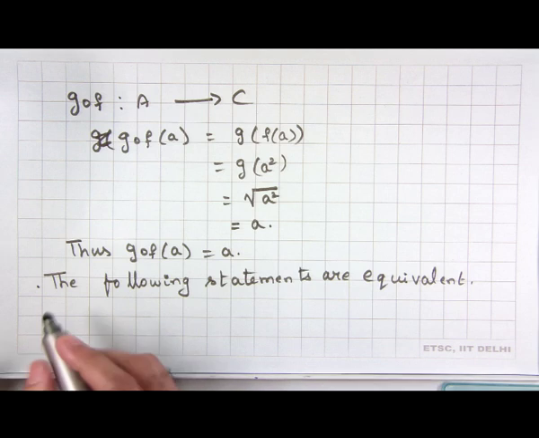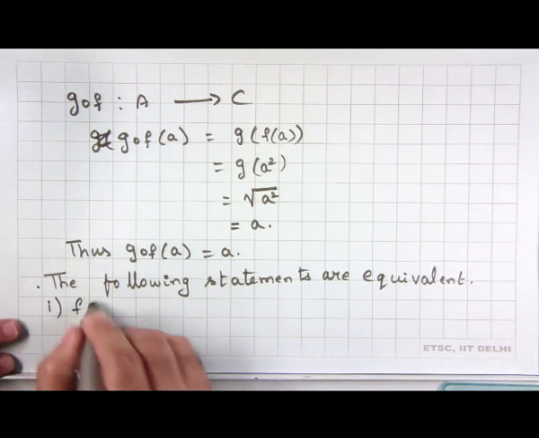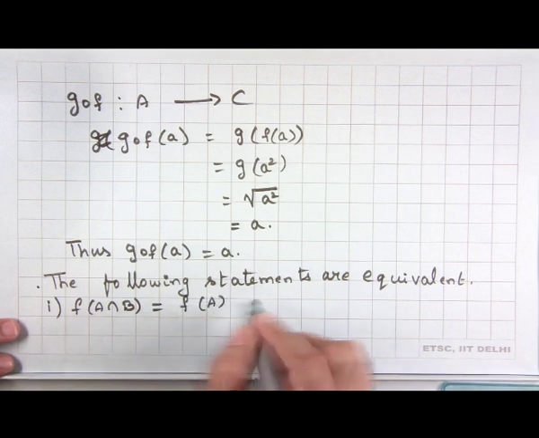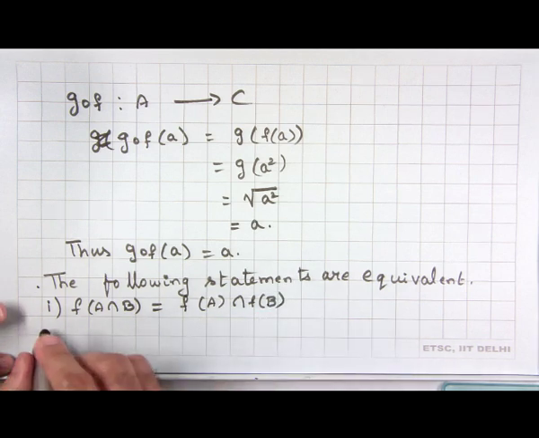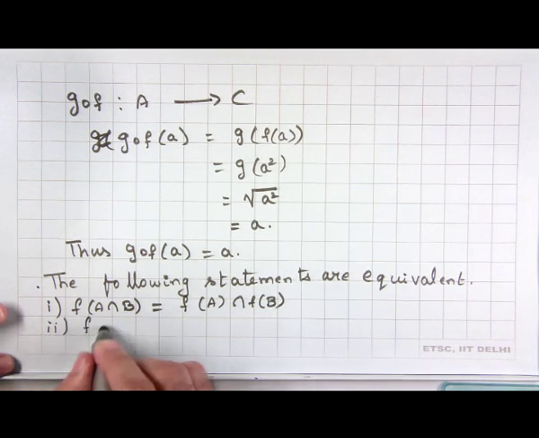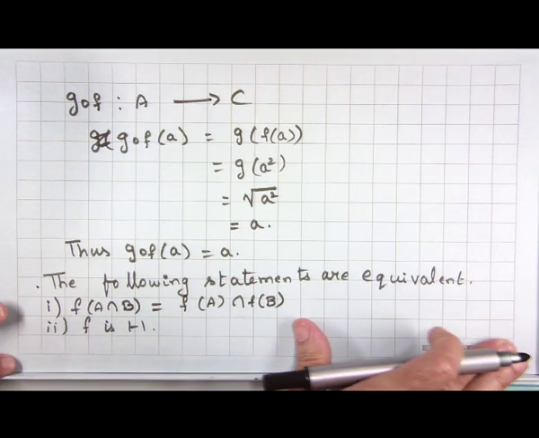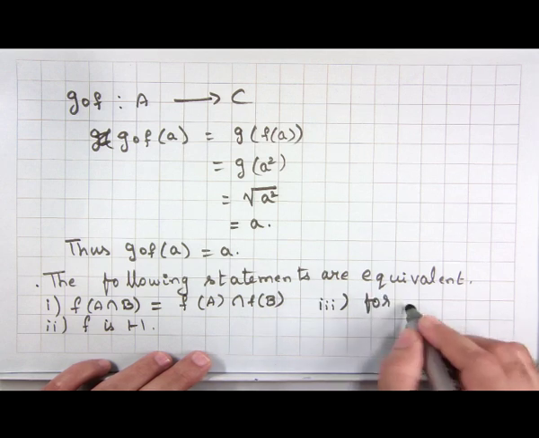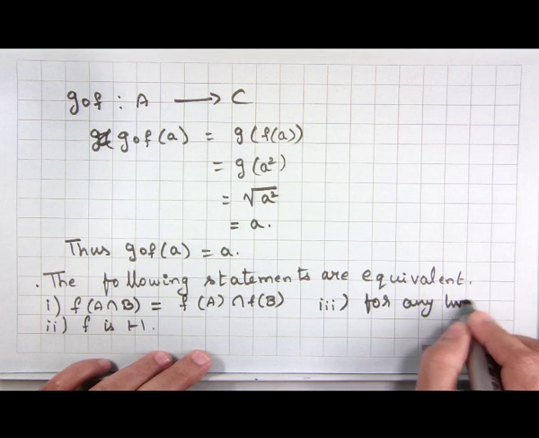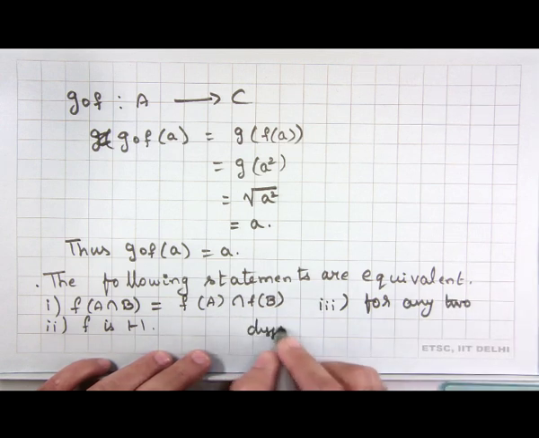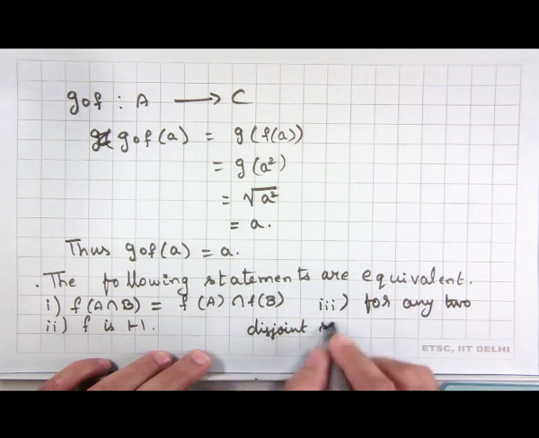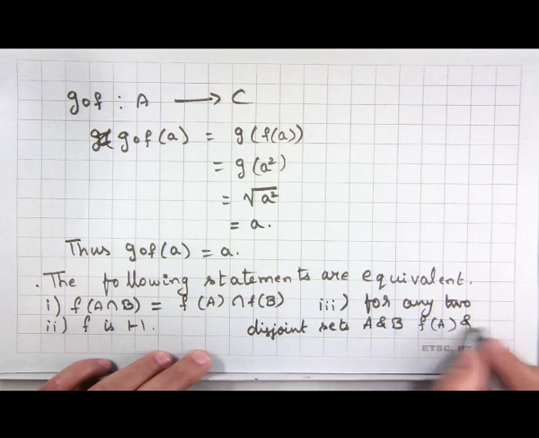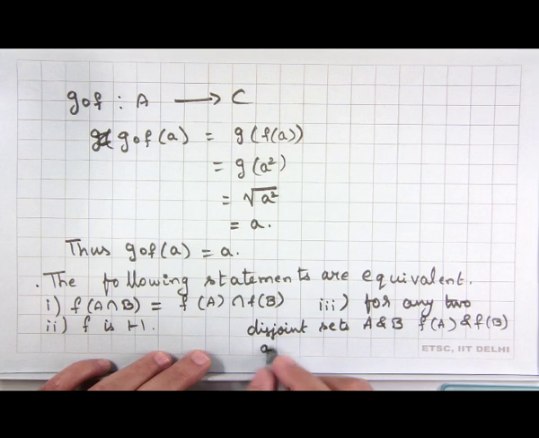What are our statements? First one is that f of A intersection B is equal to f of A intersection f of B. Second one, f is 1 1, and third one, for any two disjoint sets A and B, f of A and f of B are disjoint.